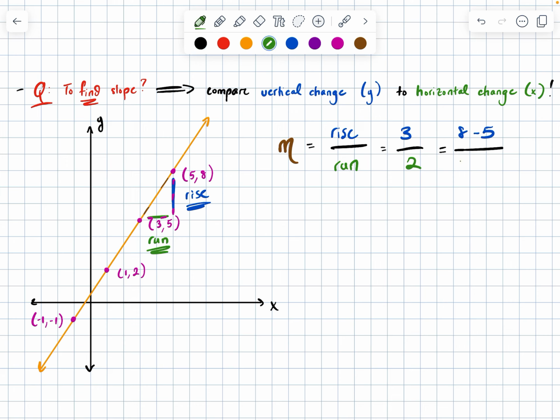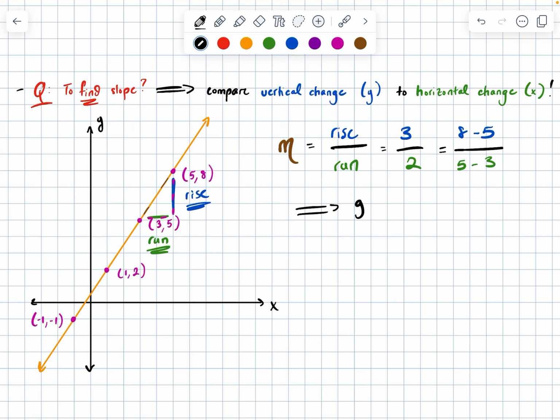And the run of 2, well, if I take the x-coordinate of the first point, which is 5, and subtract the value of 3, that also gets me 2. So another way to calculate rise and run would be to find the difference between the y values and the x values.